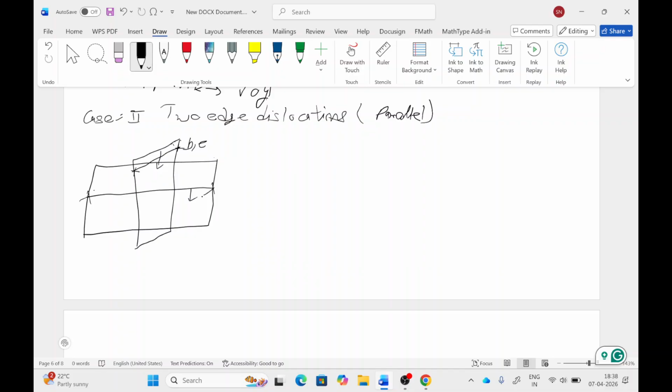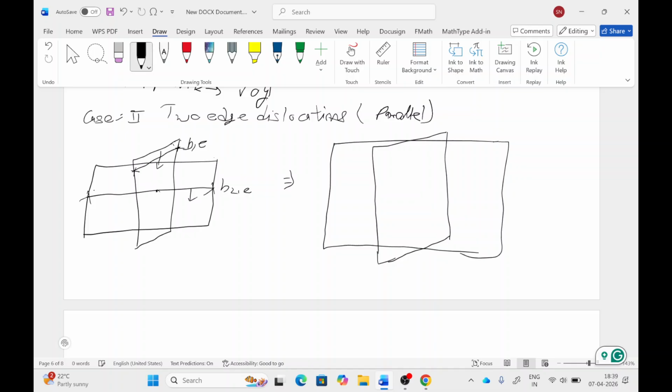And this is B2E. When they meet at this point or intersect, after interaction the extra line formed will be like this.